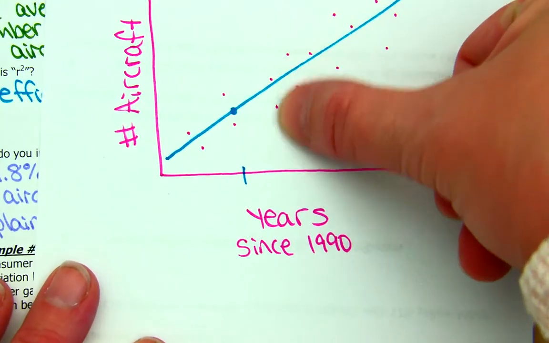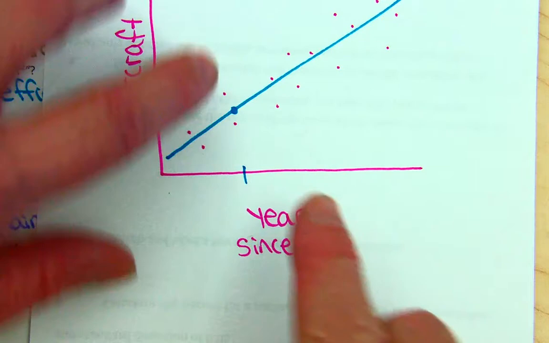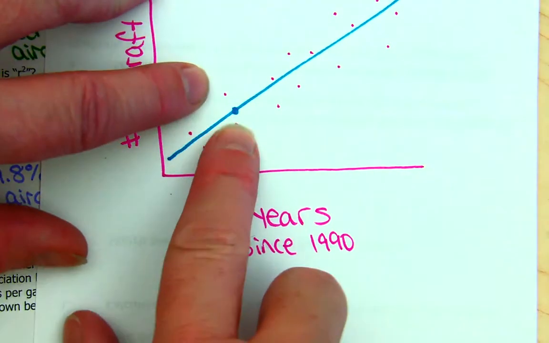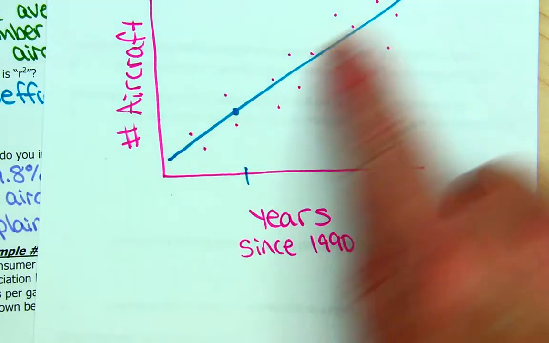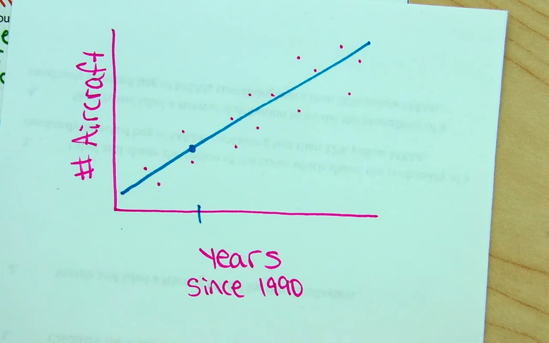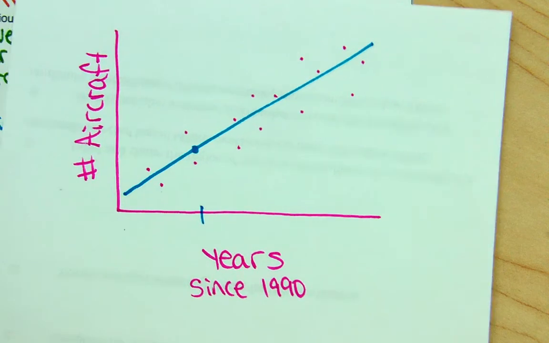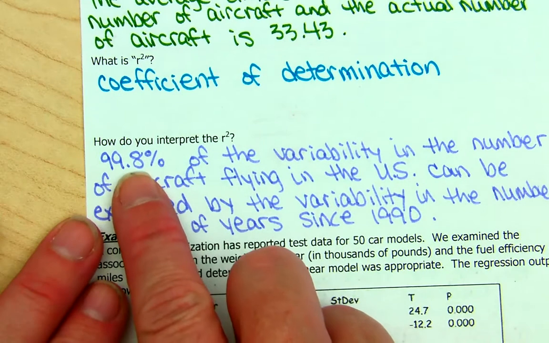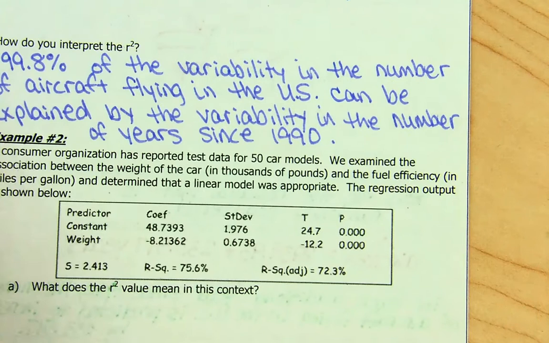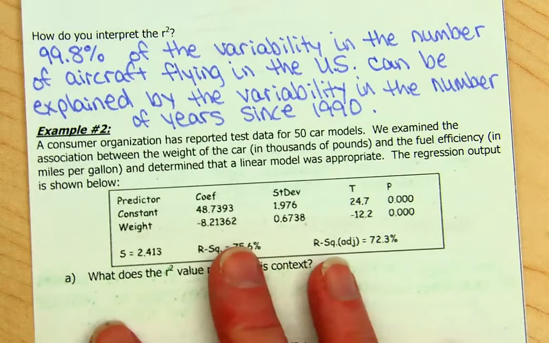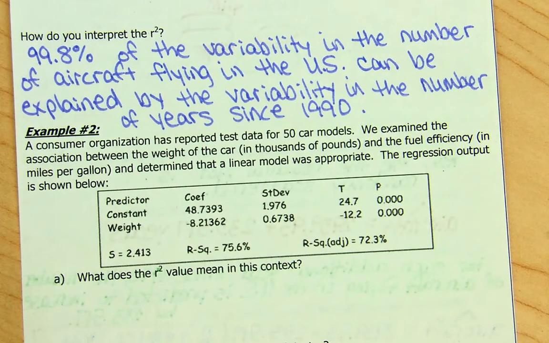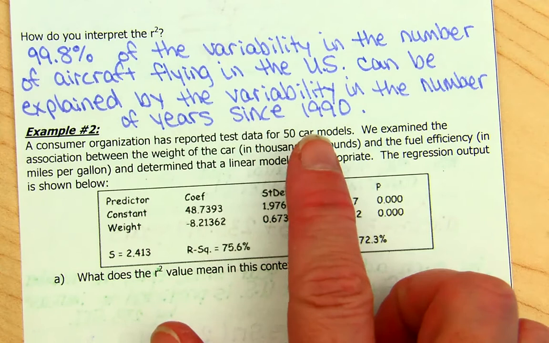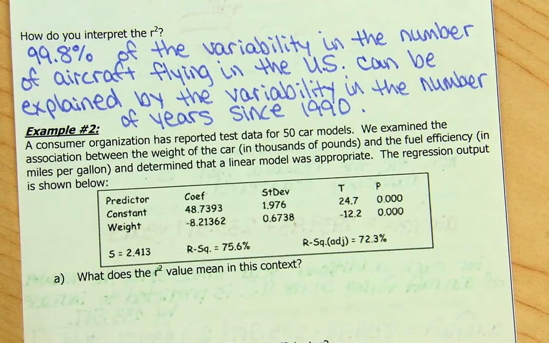That part, that difference in the residuals, is not explained by this linear equation. It's explained by something else. So that other 0.2%, something else is causing that difference, but 99.8% of the variability is explained by the year this data was collected.